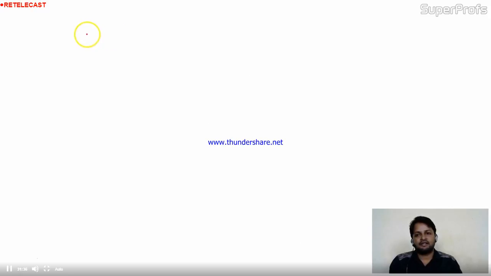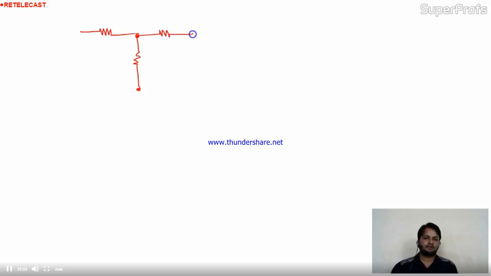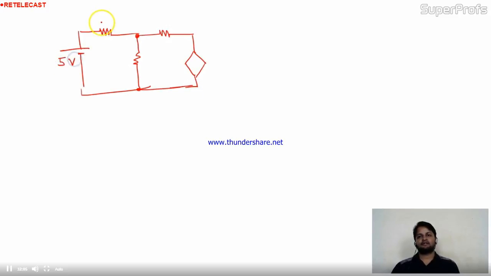See, consider a circuit. I am taking one simple circuit over here. The value of this is, take 5 volt, this 2 ohm, 3 ohm, and the value of this is 3 I0, where I0 is the current passing through the 2 ohm resistance.